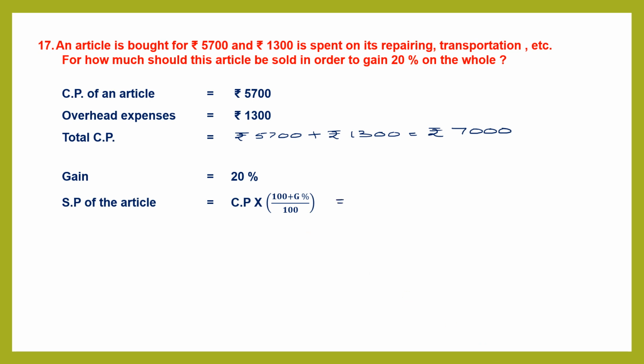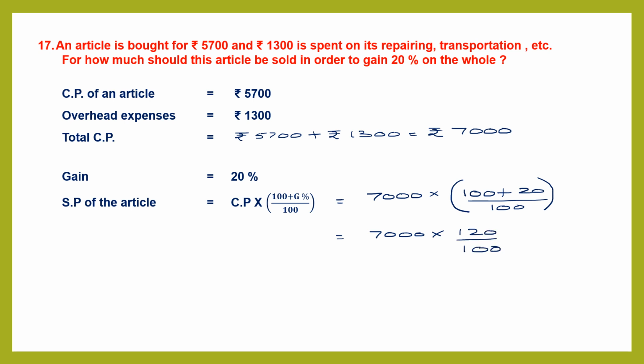So now let's write the cost price is 7,000 into 100 plus 20, which is the gain percent, divided by 100. So now let's work this out. This will be 7,000 into 100 plus 20 is 120 divided by 100.